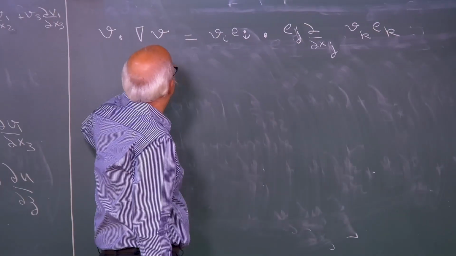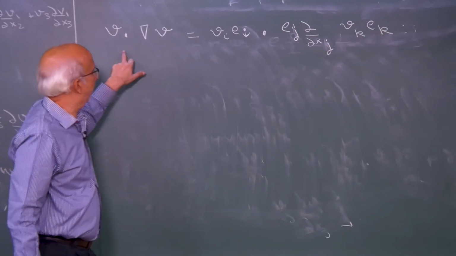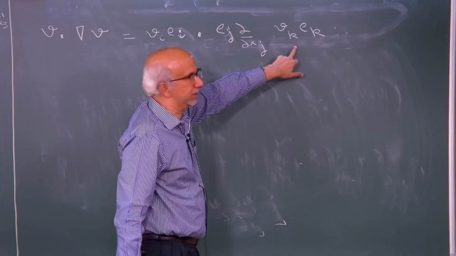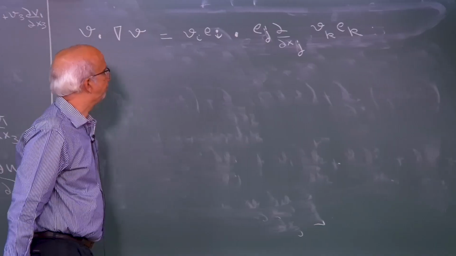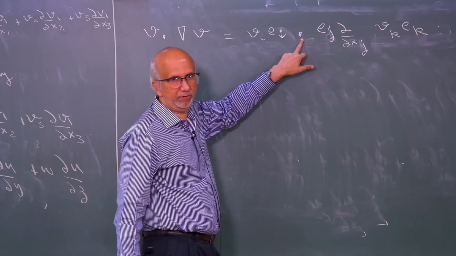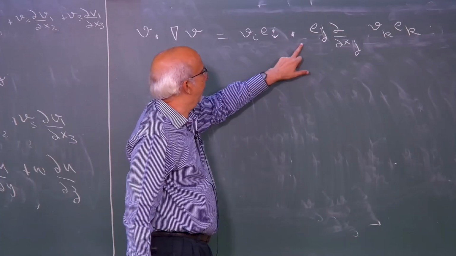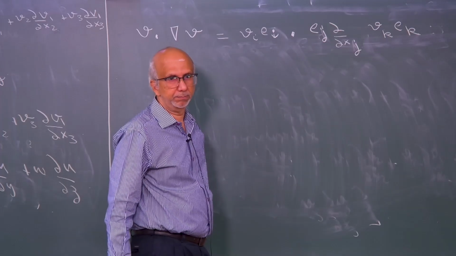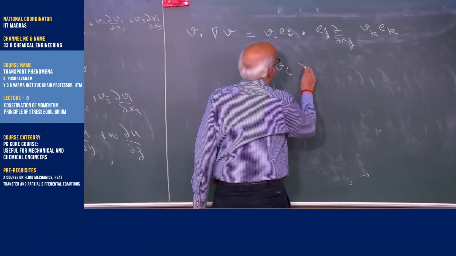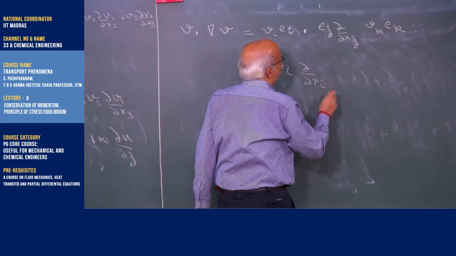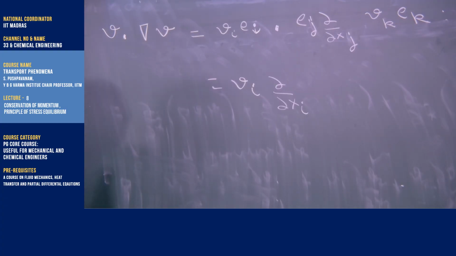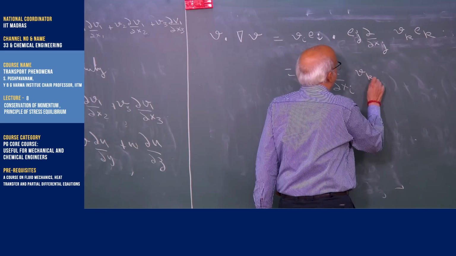So what is V dot del V? I have written the expression for V, put the dot here, this is the gradient operator, and that is my V again. How do you calculate the dot product? Take the two unit vectors adjacent to the dot, i and j, and they have to be equal. So I am going to put Vi d by dxi, and I have Vk Ek.